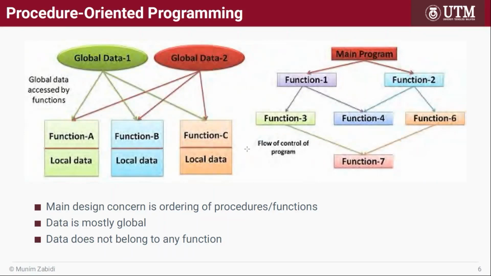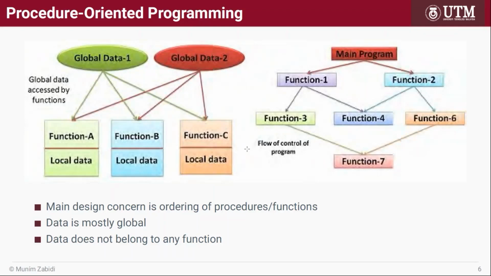To avoid mistakes or modifying your data accidentally, we also have local data. But in the procedural programming environment, normally the local data is not that much. Most of the data will be global data.